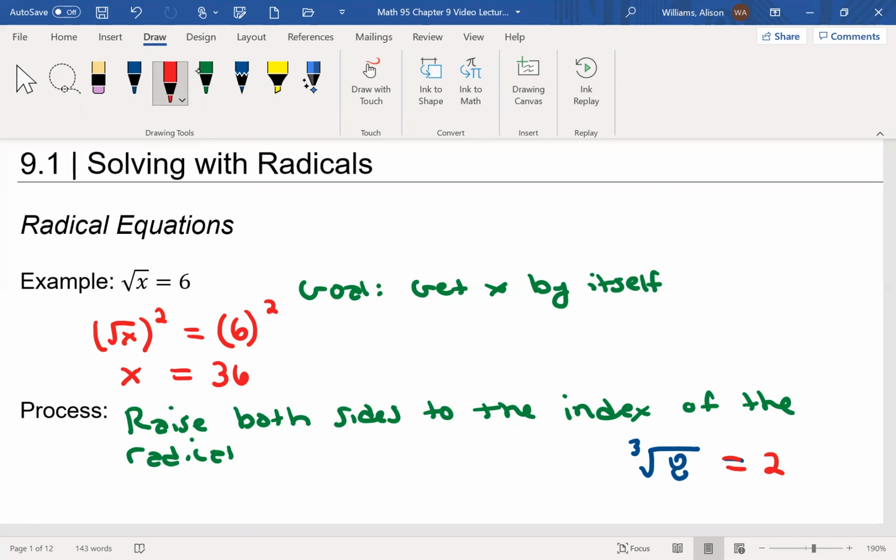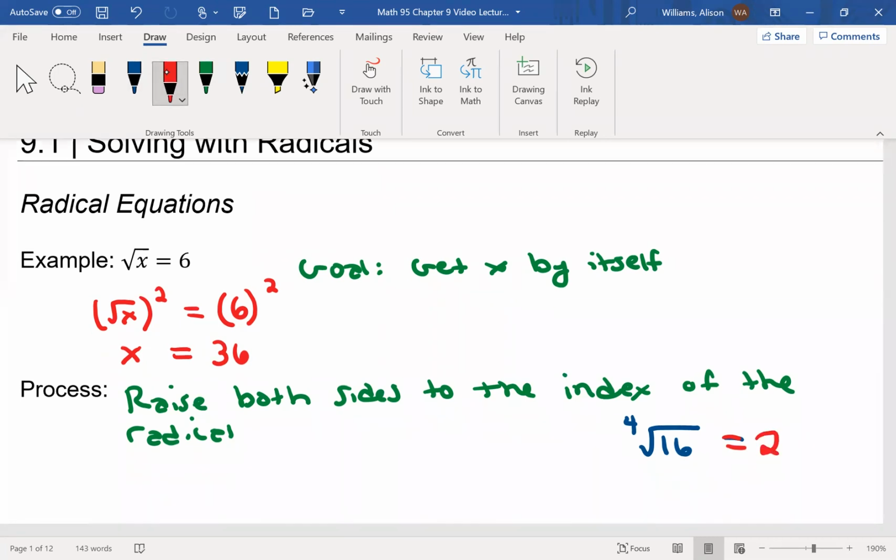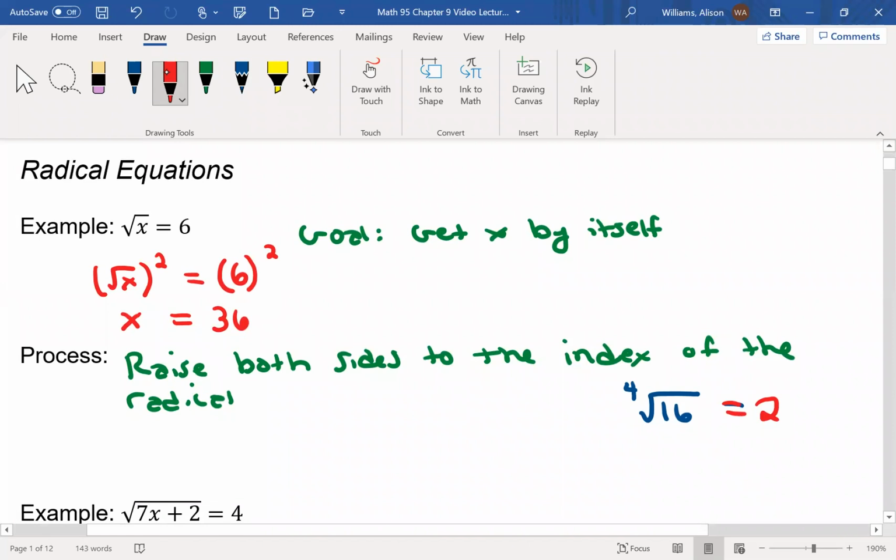If the index changes, like a 4, now we're saying what to the fourth power gives us, let's do 16. That also happens to be 2, because 2 to the power of 4 is 2 times 2 times 2 times 2, which is 16.